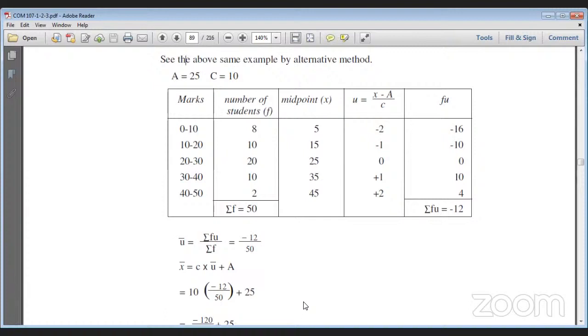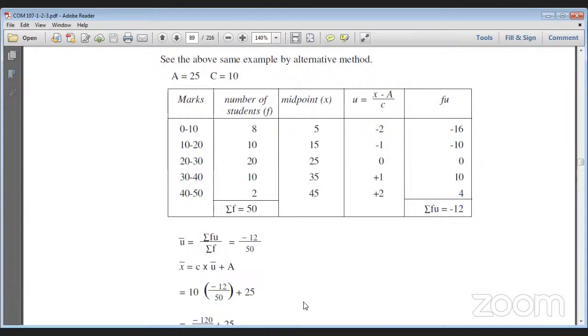Then 2 into 2 is equal to 4. So here you will find that the total, summation fu, is equal to minus 12, because minus 16 and minus 10 is minus 26, plus 14 is minus 12.